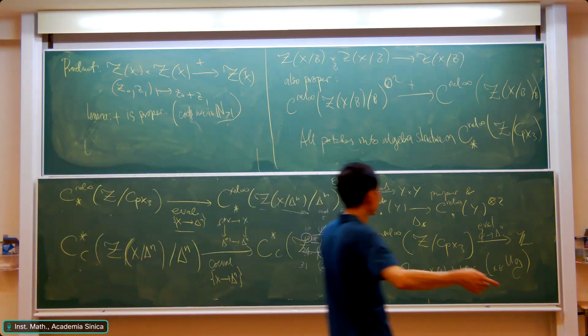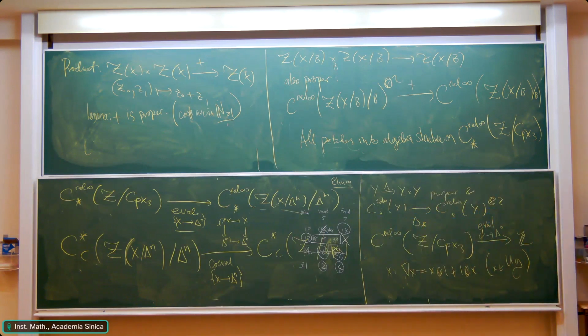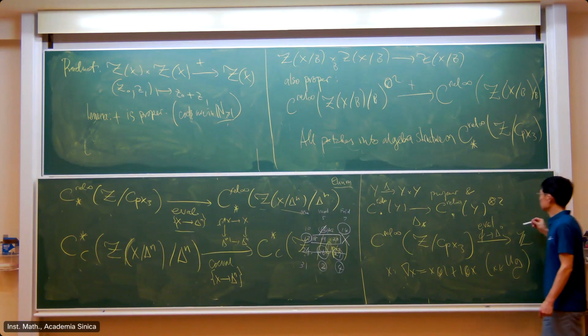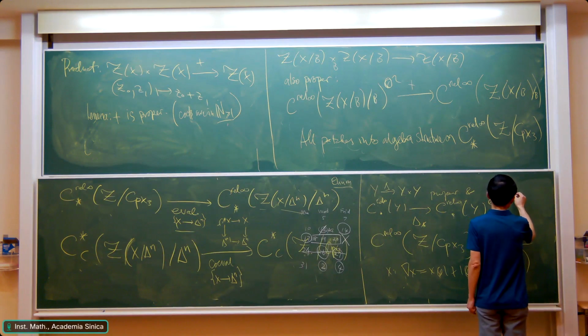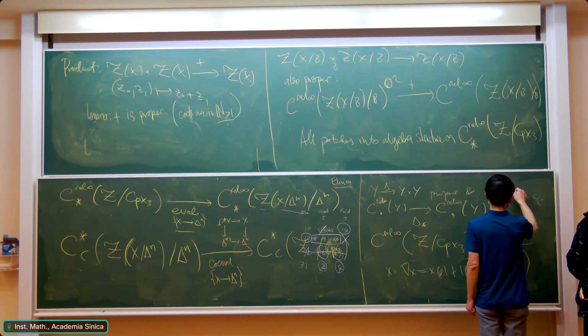Anyway, can I ask you something? Someone asked me and then I realized I didn't understand it properly. I think you were saying that for line marking, you can think about it as a map to BC over C star, and this map is equivalent to a section of the line bundle. And this map actually has degree 1.